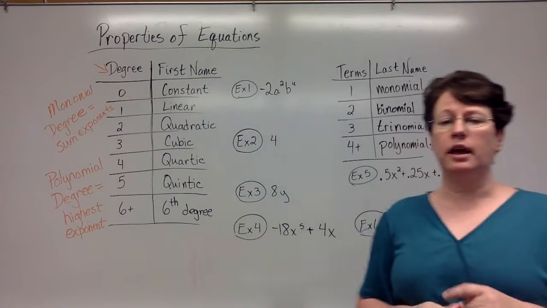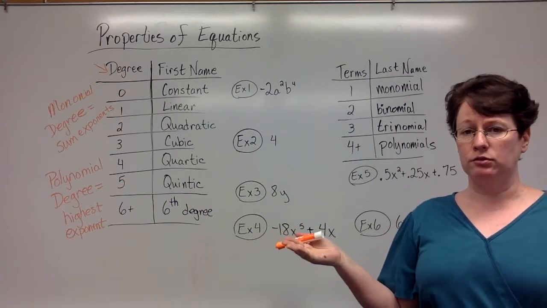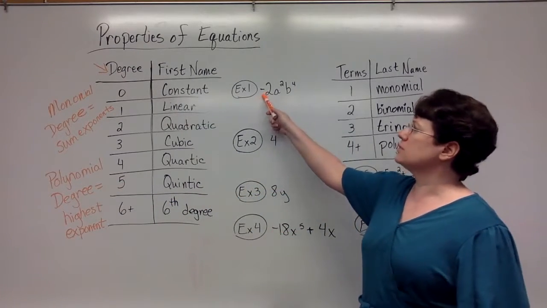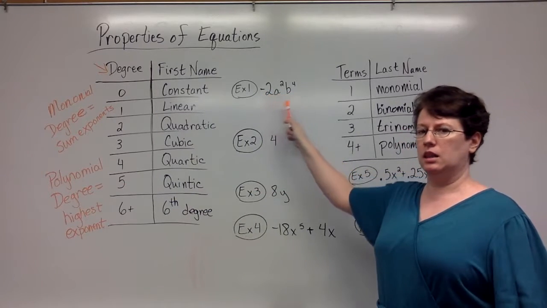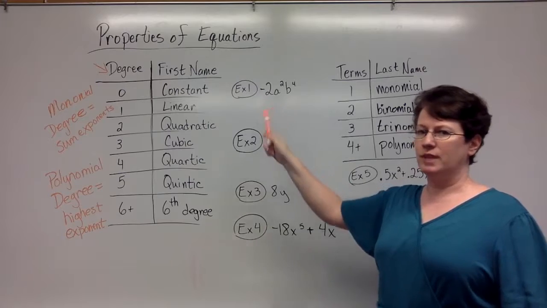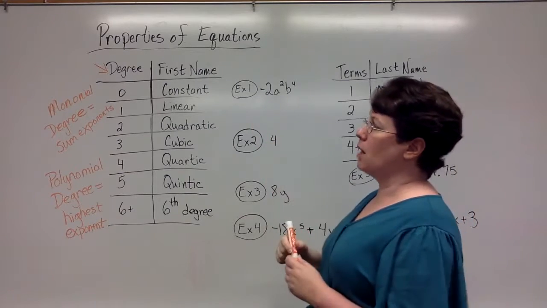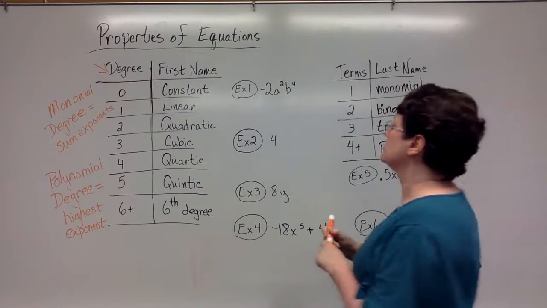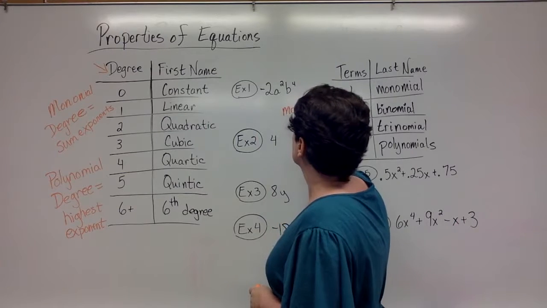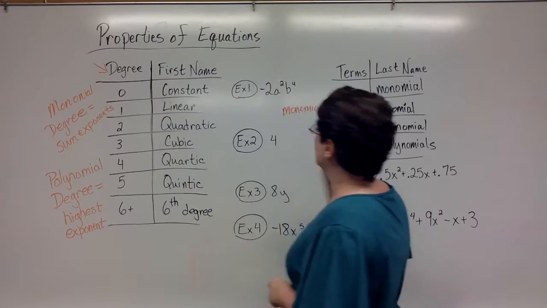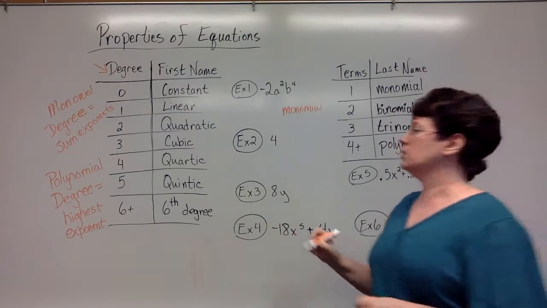Example 1, how many terms do I have? Well, I have a negative sign out front, but are there any addition, subtraction between the letters and numbers? No. So this is a monomial. So I know the last name is monomial. Now let's find the degree.